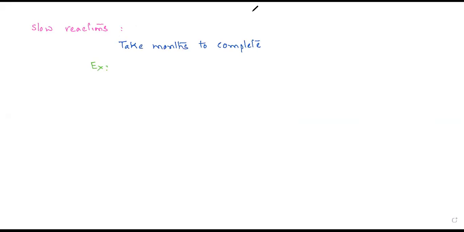We can take rusting of iron. Okay, it of course takes months to complete. So, because these occur very slowly, the rates of these reactions cannot be determined.